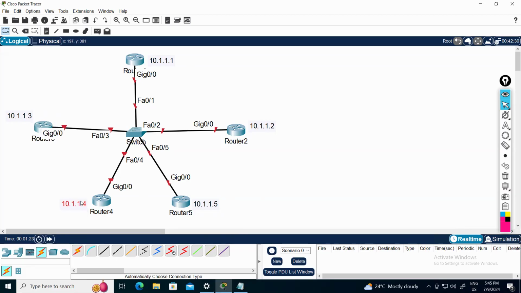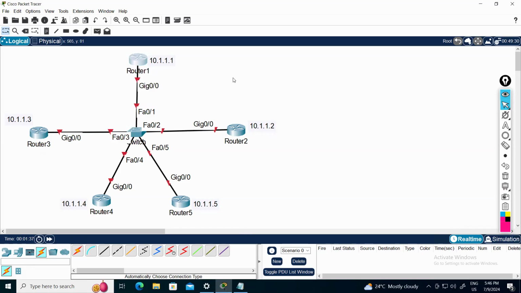About dynamic routing, we have discussed that the routers will become neighbors of each other. Correct? And if there is any change on any router, it will inform all its neighbors. Now understand here. If I go and configure OSPF here, for R1, who will become the neighbors? R2 will become a neighbor because, with a switch, everybody is in the same network.